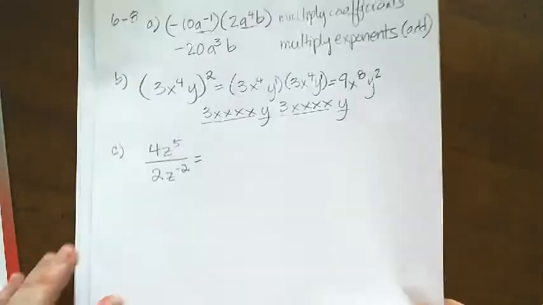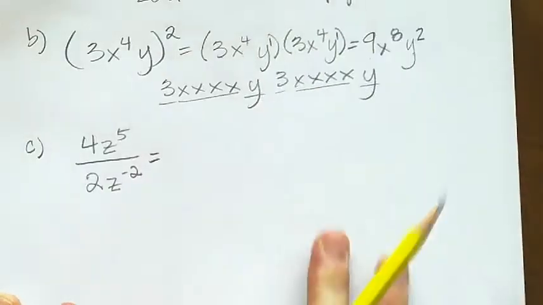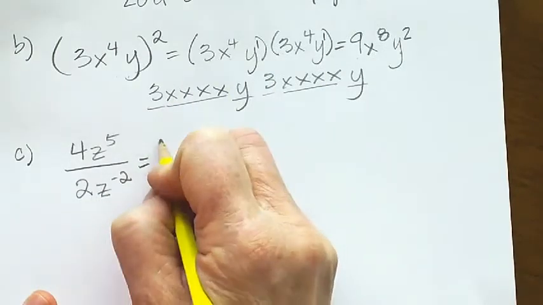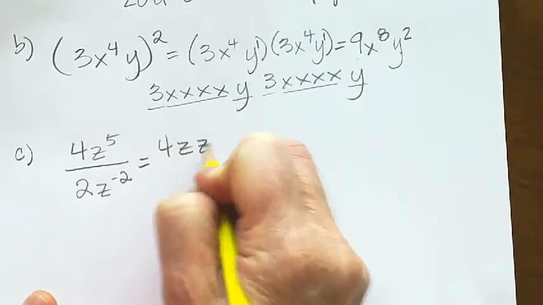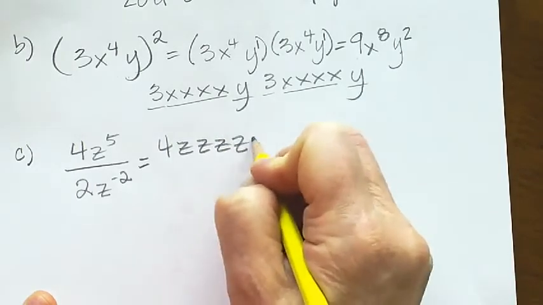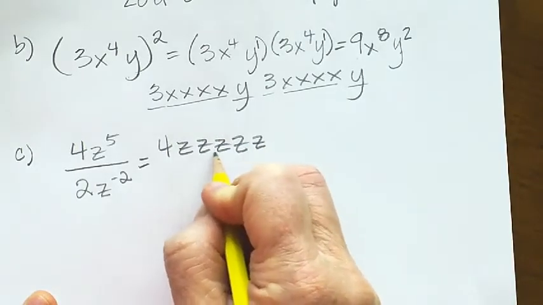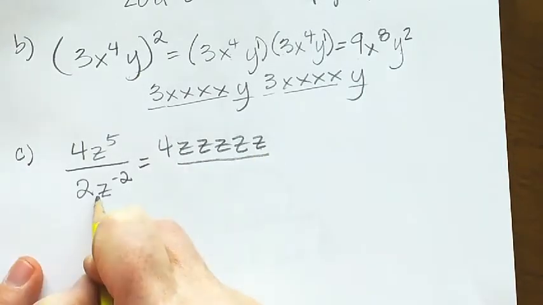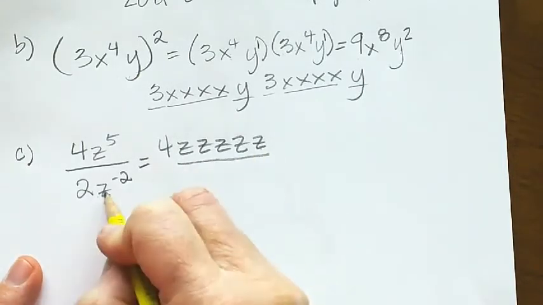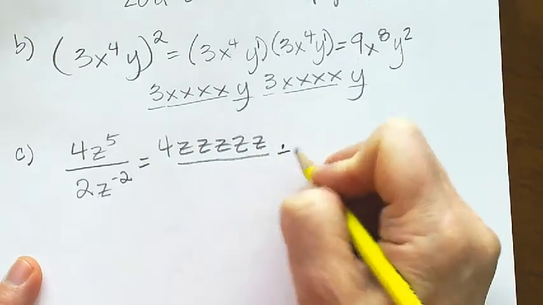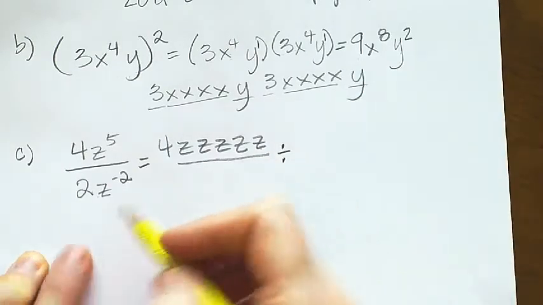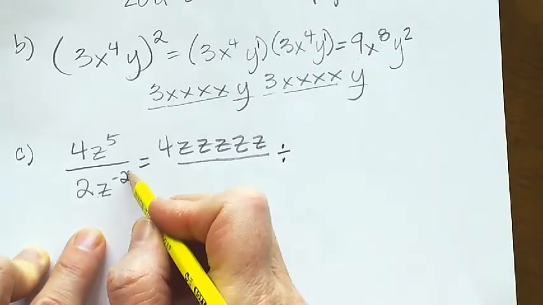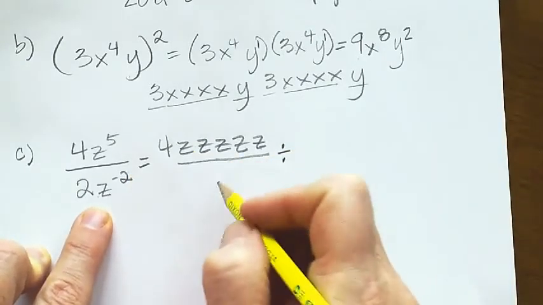Okay, so for part C, we have 4z to the 5th over 2z to the negative 2nd. I'm going to write this out and then I'll do the shortcut. That is z to the 5th, divided by 2z to the negative 2nd. So I'm going to write it like this, divided by, and then I'm going to write, well, maybe I'll write it down here.